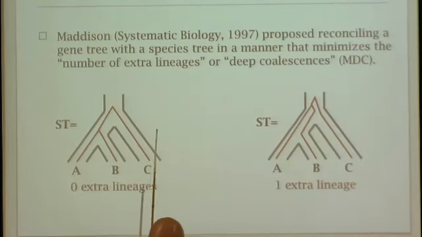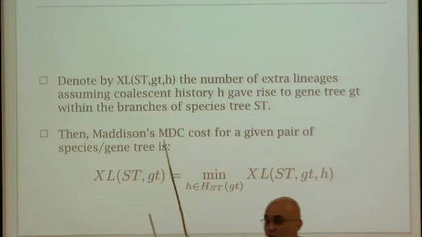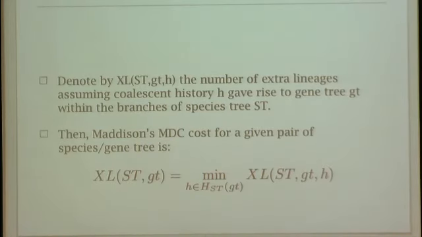Now we can define this mathematically using the notion of coalescent histories, because now I can say mathematically that the number of extra lineages of a gene tree given a species tree is the minimum over all coalescent histories of the extra lineages given these specific valid coalescent histories.